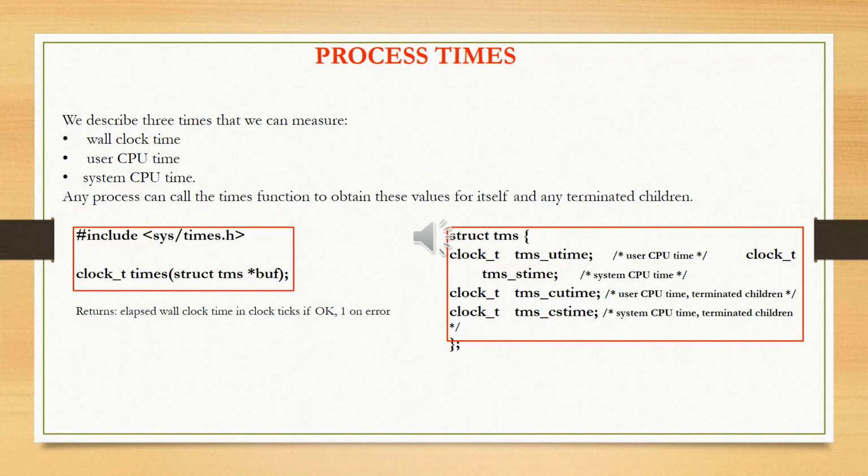The structure tms includes tms_utime, nothing but user CPU time, tms_stime, nothing but system CPU time, tms_cutime, nothing but user CPU time of terminated children, and tms_cstime, nothing but system CPU time of terminated children. Like that, we can consider four different types of parameters used in the structure with the corresponding process times.